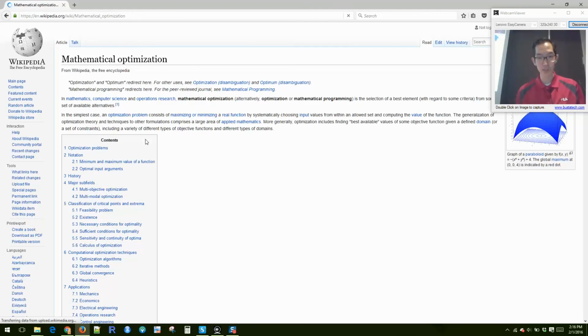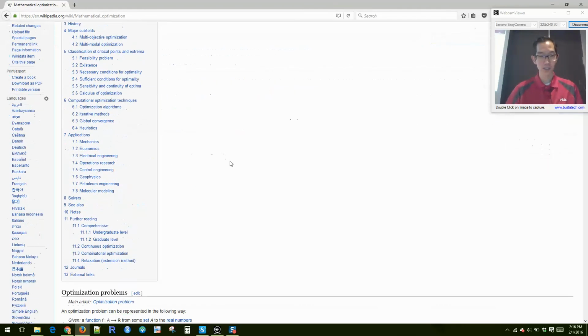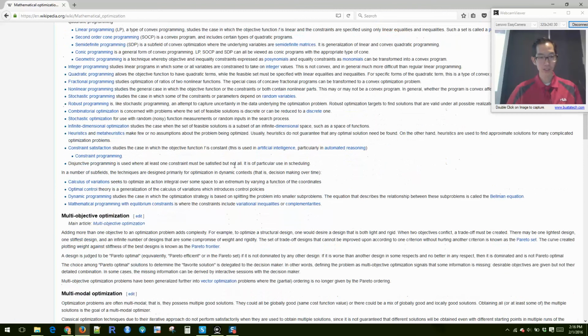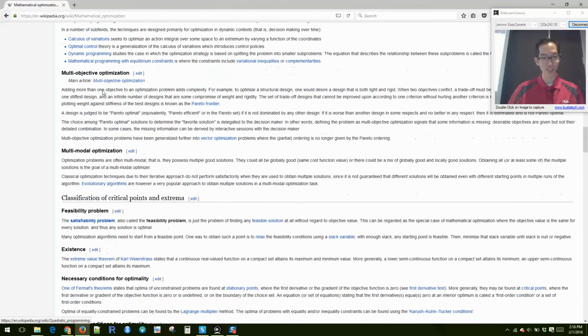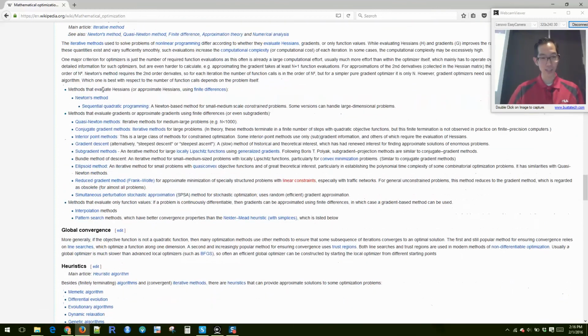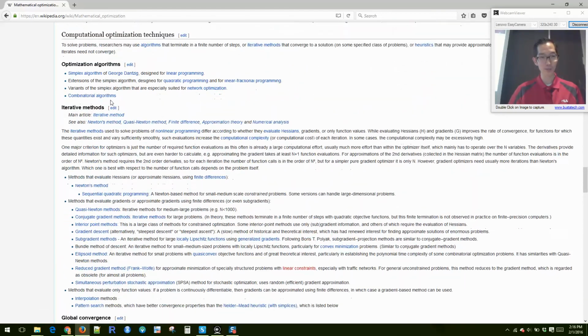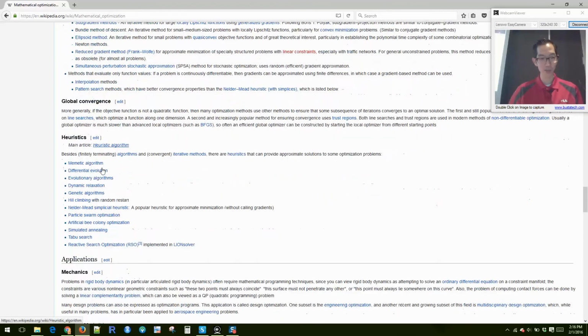We're going to just cover a few. All of these are major subfields of optimization, and these are some iterative methods and optimization algorithms.